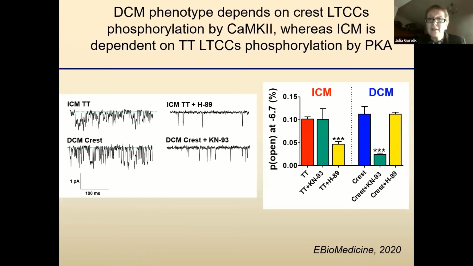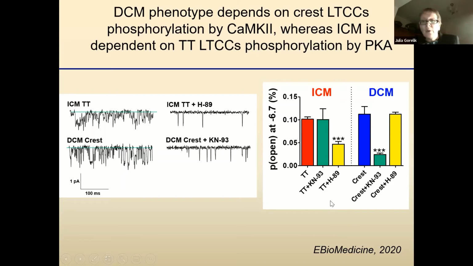And what is the mechanism of this? Potentially we checked this: when we have the higher open probability in ischemic heart disease, when we use the PKA blocker, we can close these channels.